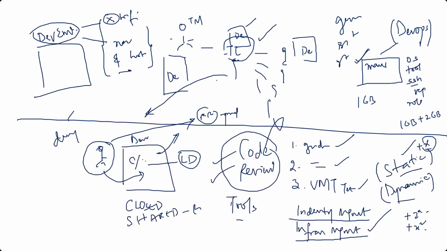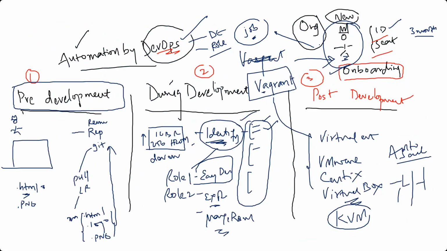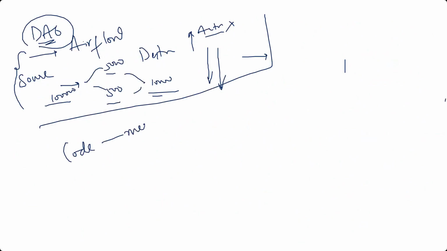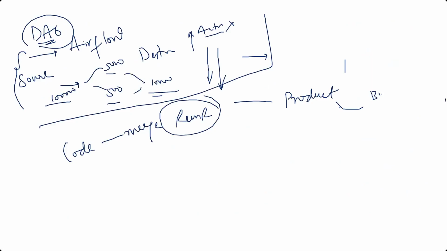The third part is post deployment. When someone is ready with the code and the code is merged into the remote repository, then whatever changes you have done have gone to production. Imagine there is a bug found.